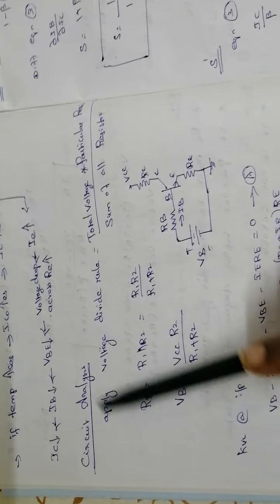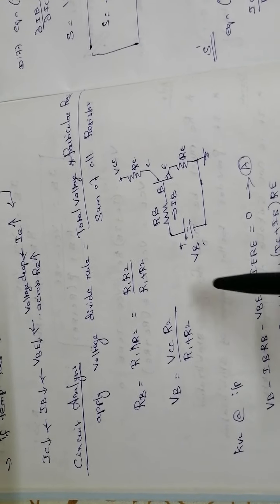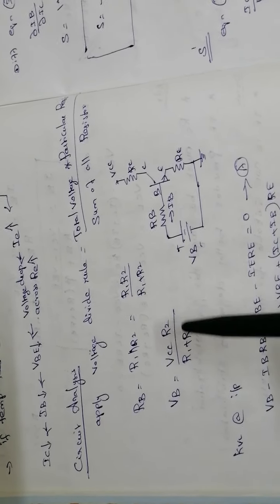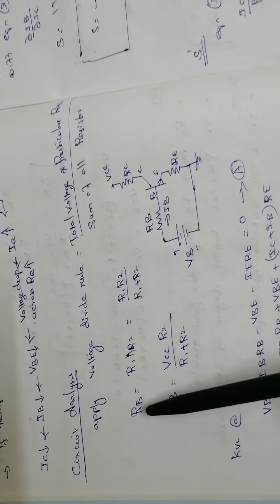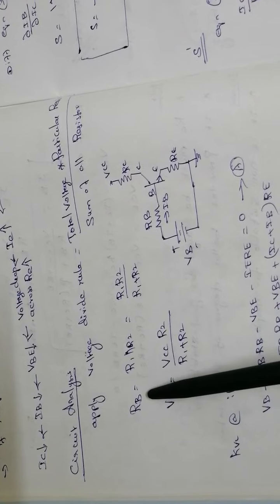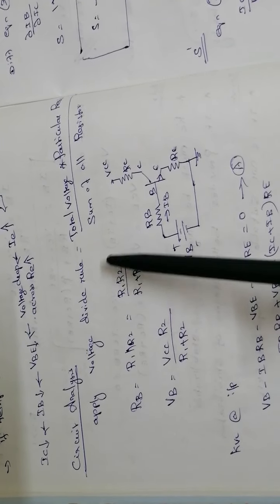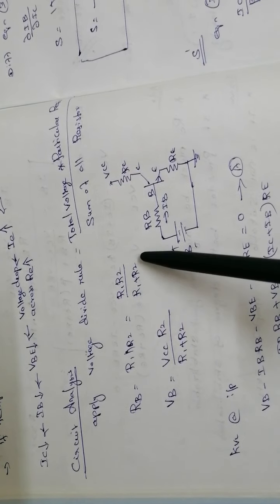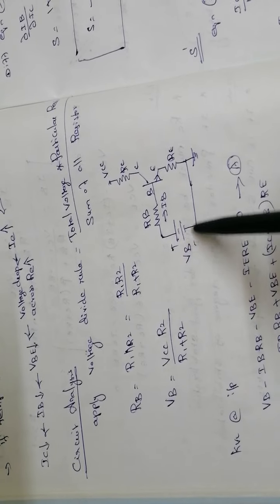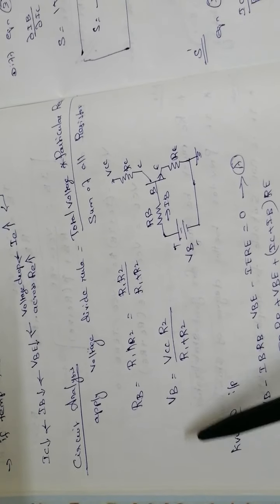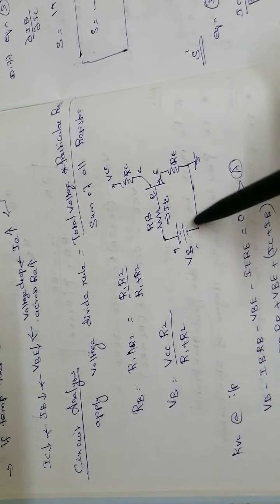Now circuit analysis. In the voltage divider bias, we have a potential divider resistance. So R1 is in parallel with R2, which we call RB. So our base resistance RB equals R1 parallel R2, that is R1 times R2 divided by R1 plus R2. Now apply the voltage divider rule. The voltage divider bias circuit can be redrawn like this by applying the voltage divider rule.